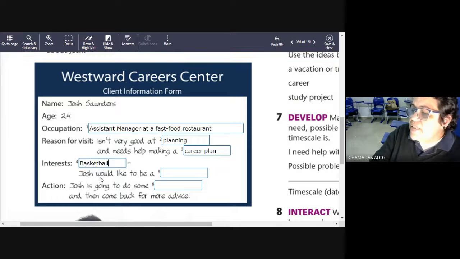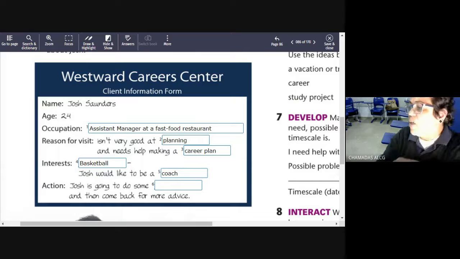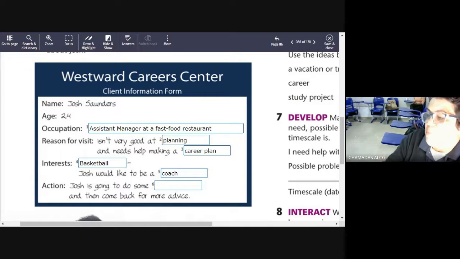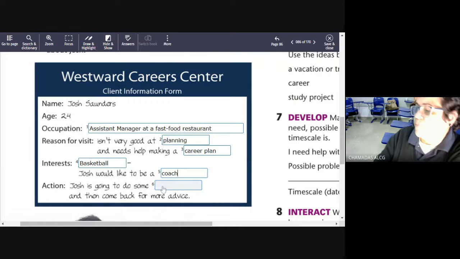And they say, while in the listening, in the audio, he says that he would like to be a, yes, a coach. Maybe, why not, right? And then what is the first piece of advice his friend gives him? He's going to do some research.